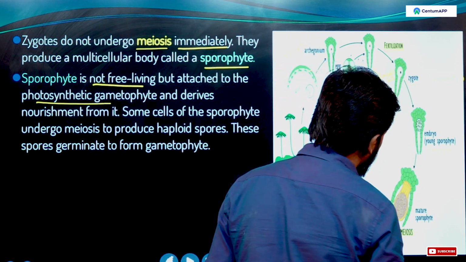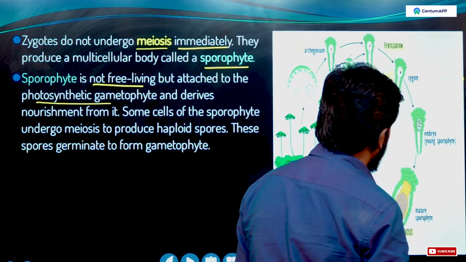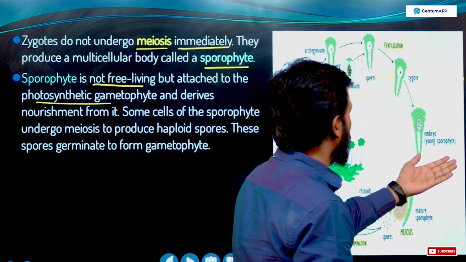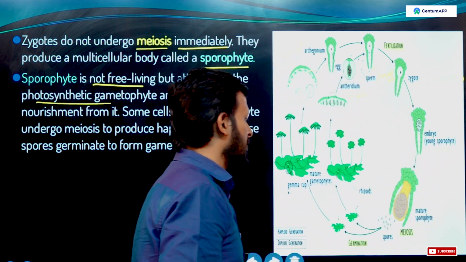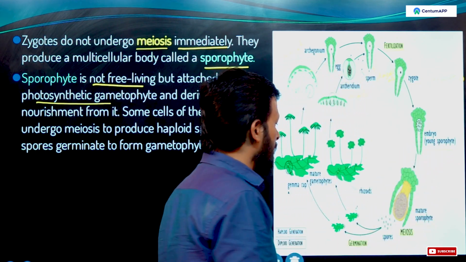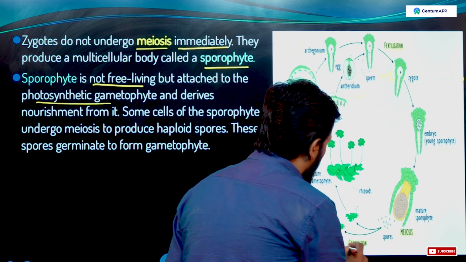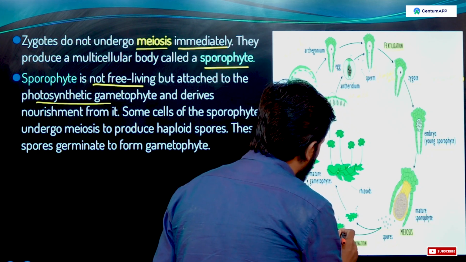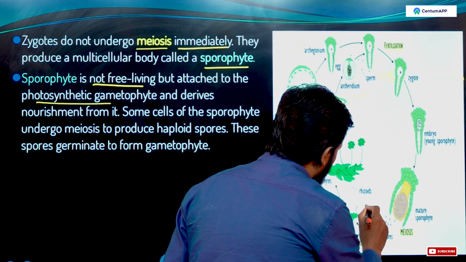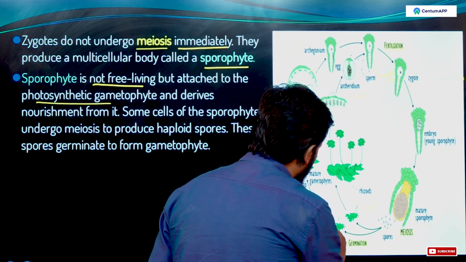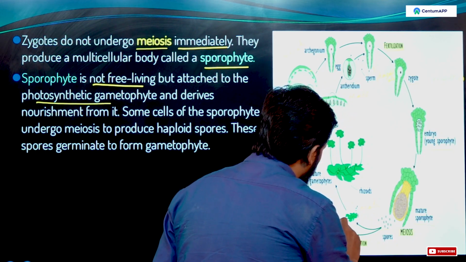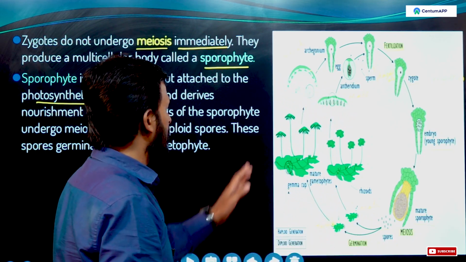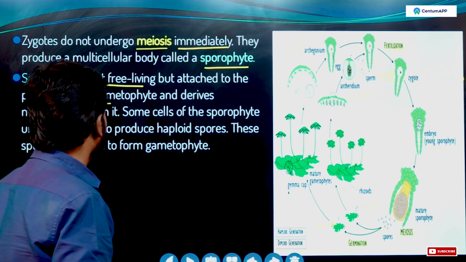After getting nourishment, it becomes a mature sporophyte, with spore formation. After that, germination forms male as well as female Marchantia. This is the reproduction of Marchantia plants.